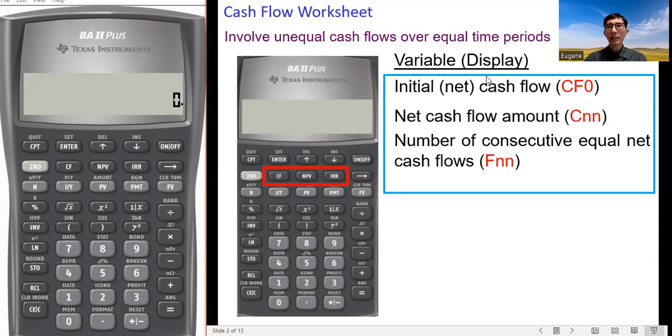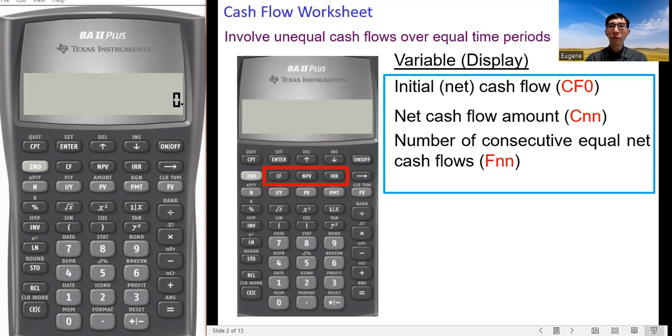First, we will key in CF0. The variable corresponds to the initial investment or the initial net cash flow. And then we will enter subsequent net cash flow amounts as CNN, where NN stands for the cash flow number. And if the net cash flow amounts are the same for consecutive periods, we can enter this as a frequency count FNN.